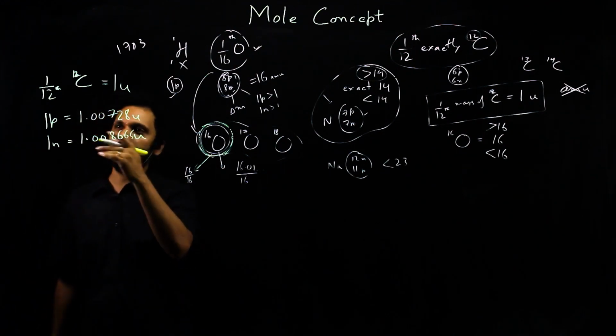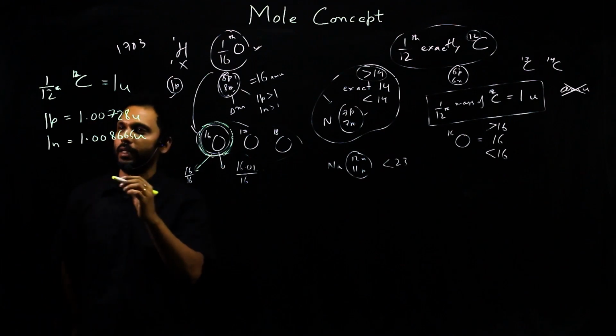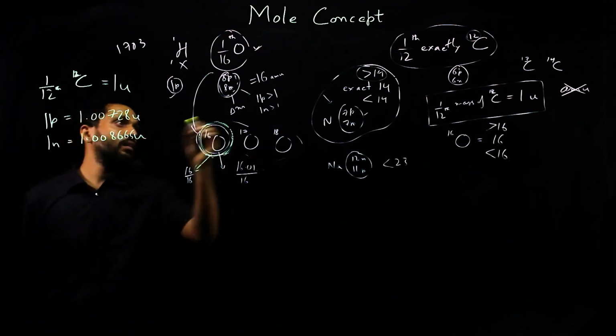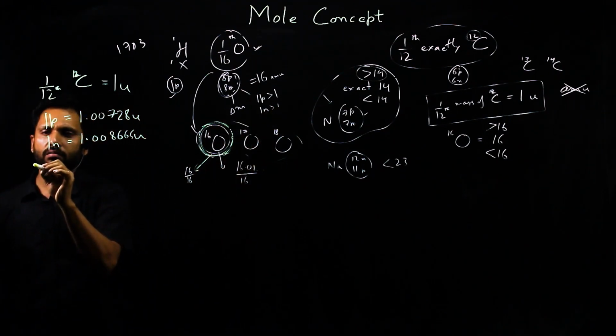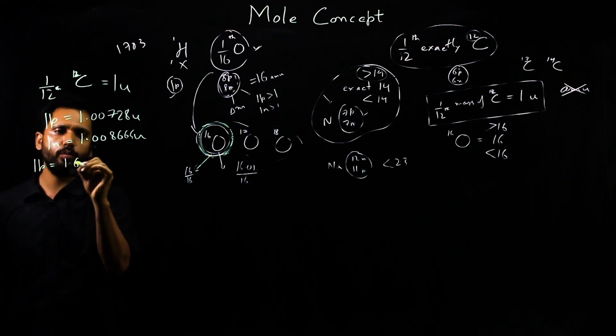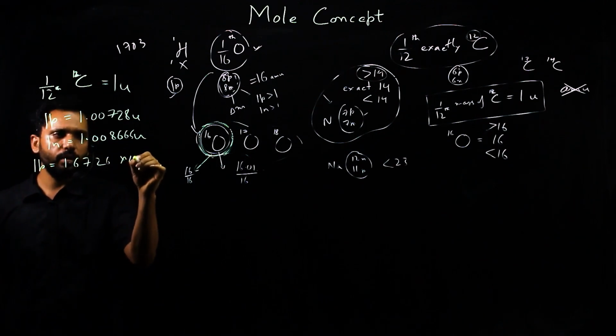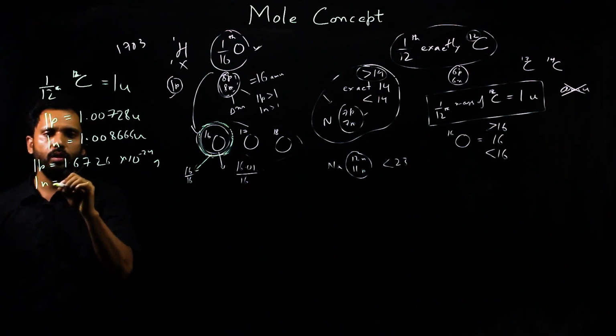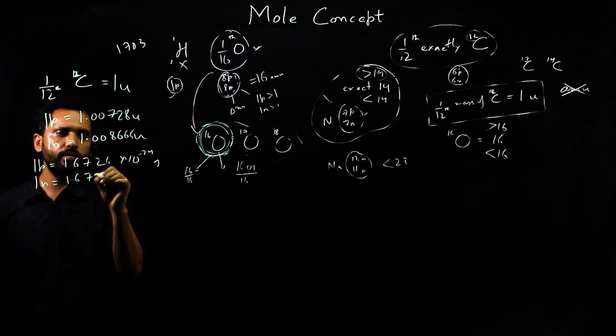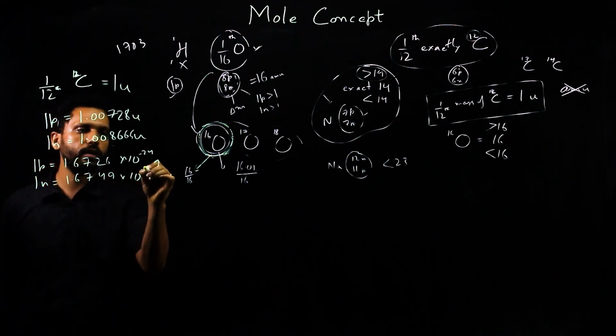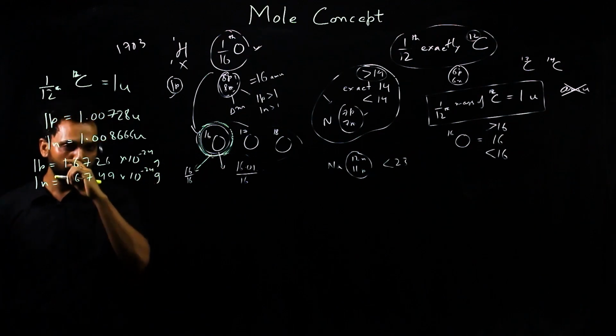As expected, their individual weight is more than U, and earlier I had written the weight of proton in grams. It was 1.672 something into 10 power minus 24 grams, and neutron was 1.6749 into 10 power minus 24 grams.